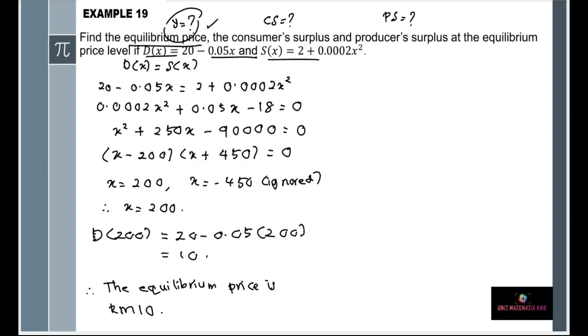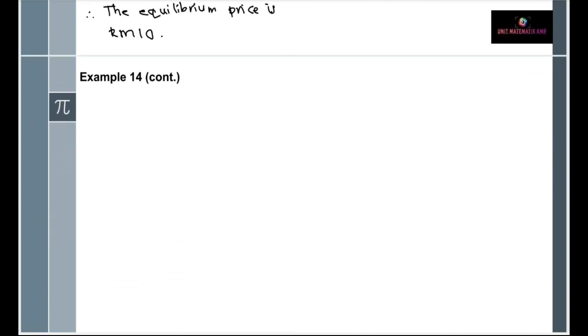That is y. Next, we need to find the consumer surplus.